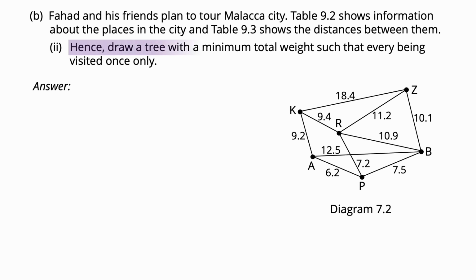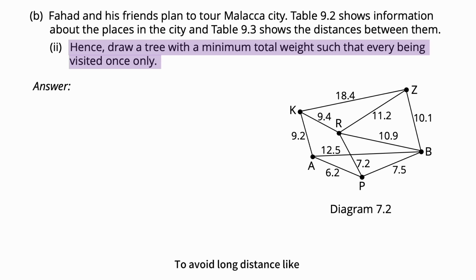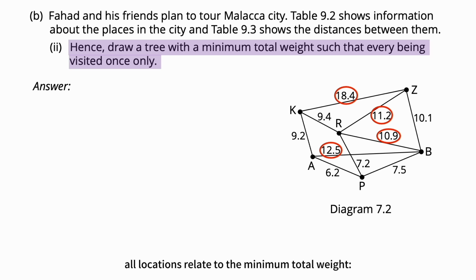Hence, draw a tree with a minimum total weight such that every location is visited once only. To avoid long distances like 18.4, 11.2, 10.9, or 12.5. The tree ensures all locations relate to the minimum total weight.